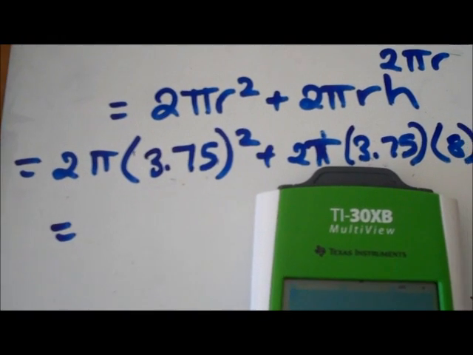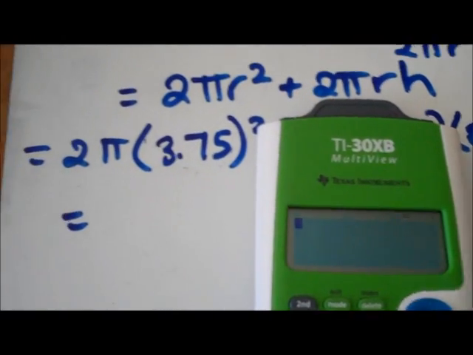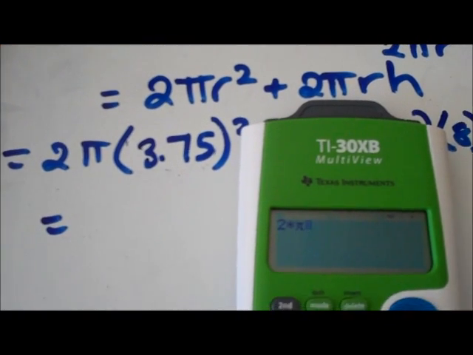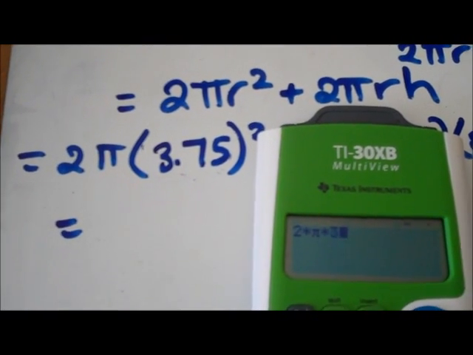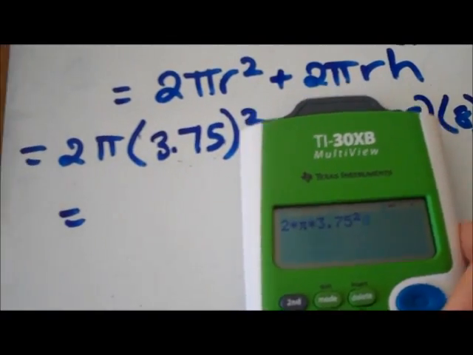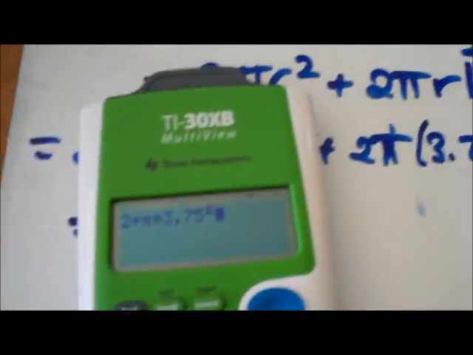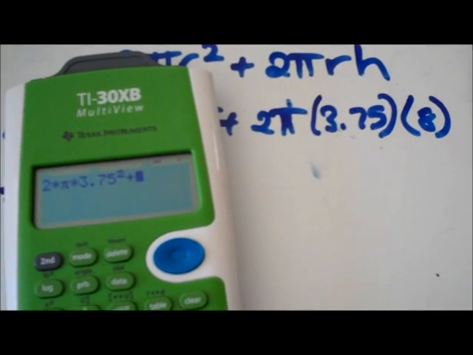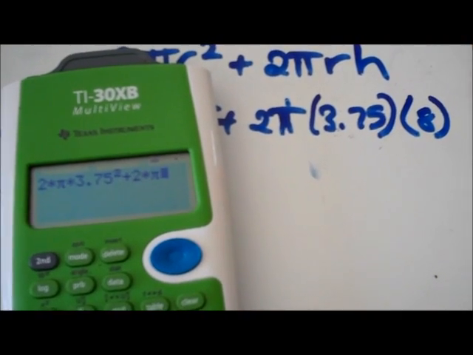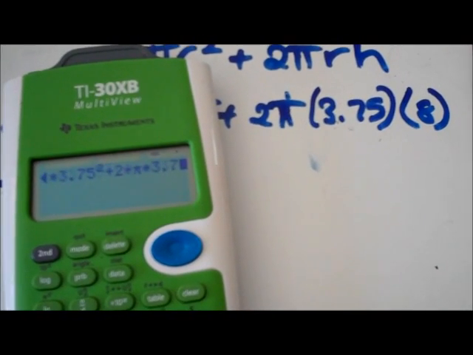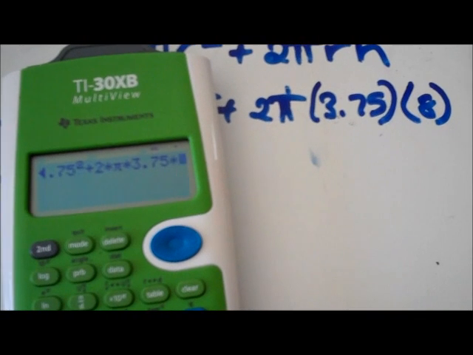So we've got 2 times pi times 3.75 squared plus 2 times pi times 3.75 times 8.